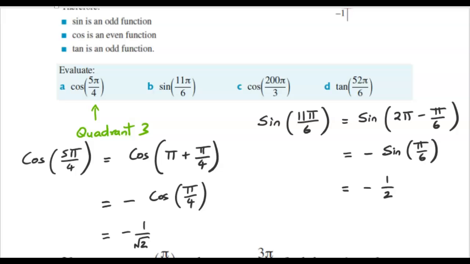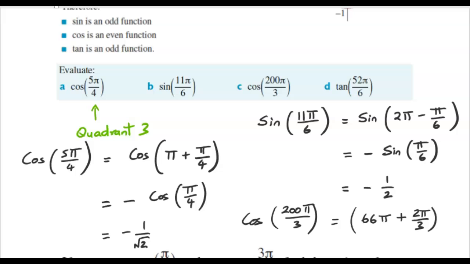Now, let's have a look at this one here. Cos 200 pi on 3. Right? The first part I'm going to do is I've got to decide which quadrant this is going to fall under. So the first thing I'm going to do is divide 200 by 3. If I divide 200 by 3, I'm going to have 66 pi with the remainder of 2 pi on 3.